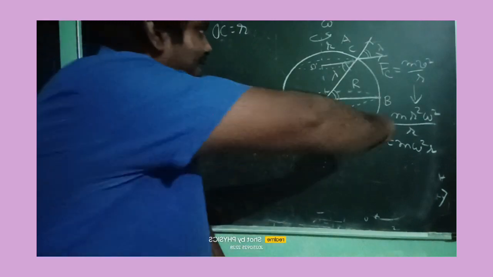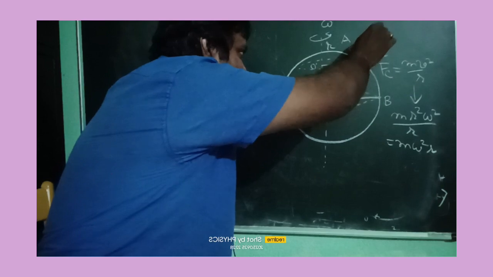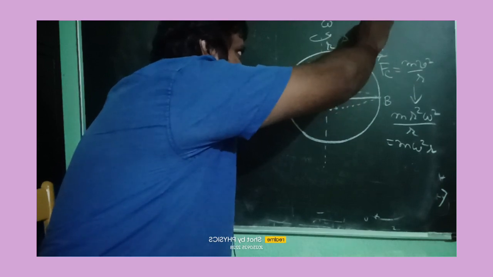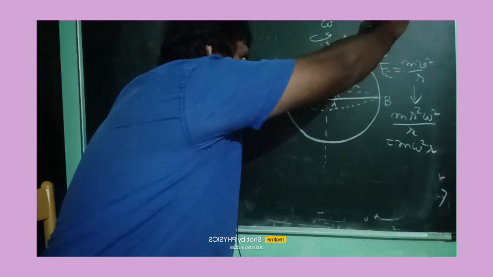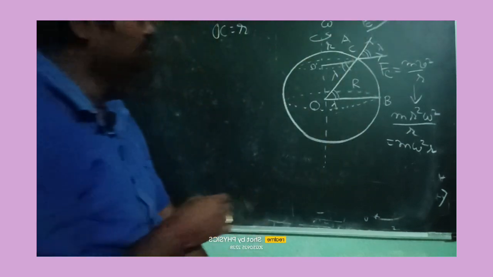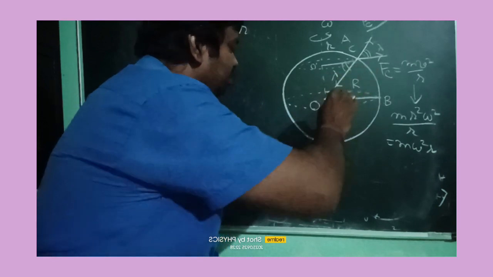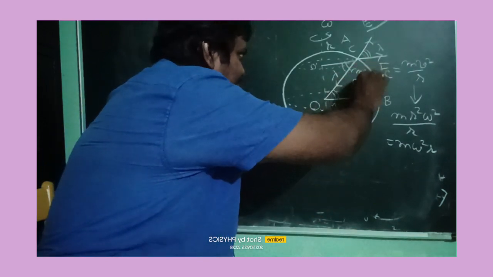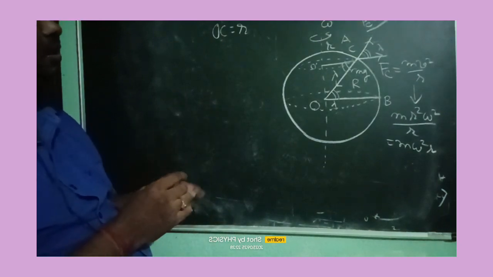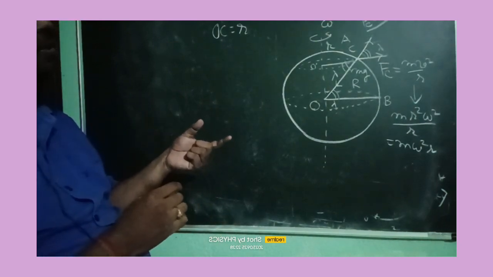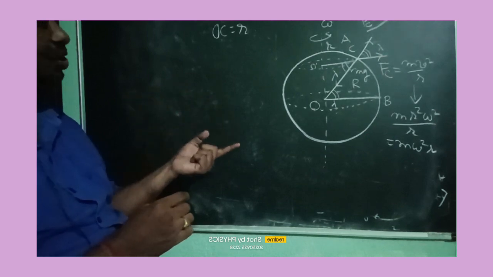Now as it is at lambda, in that direction we have Fc cos lambda, and the weight mg is acting along CO. Here, in this diurnal motion, the weight of the object reduces due to the centrifugal force acting in the outward direction.